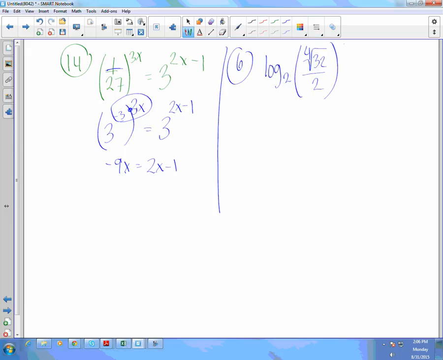Can we break down the 4 to the 3/2? You can do that now or later. Okay, let's just do it later. I'm going to set it equal to x and change it to exponential. 2 to the x equals 4 to the 3/2. That might have made my life a little worse, actually.